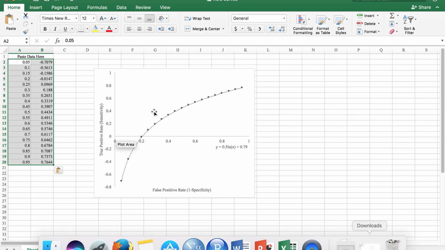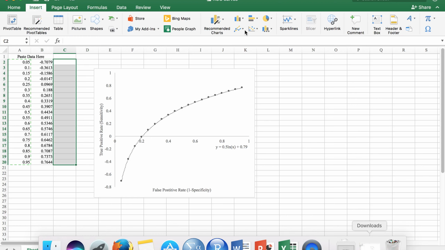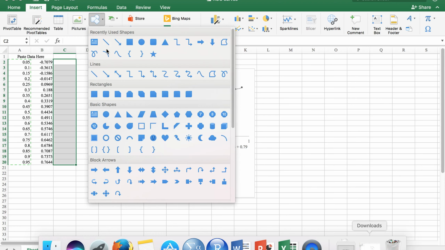And another thing we can do is add the 1-to-1 line on here as well, which I can do right now. Or you know what? Let's actually just make it even easier. We'll just draw it on. So let's see here. Shapes. So this is how we know we're not doing well.